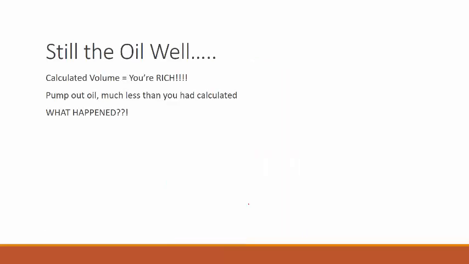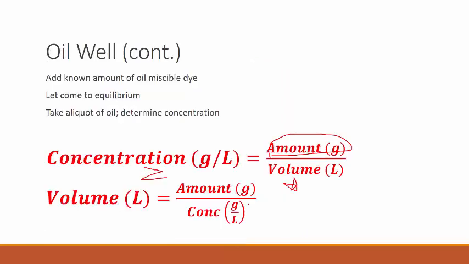If we go back and look at this equation, your concentration is going to be much less than what it should be if it were just a beaker, right? Because you've got drug that's bound, or I'm sorry, you've got dye that's bound to the rocks. So your concentration is much less. Therefore, your volume is going to be overestimated.